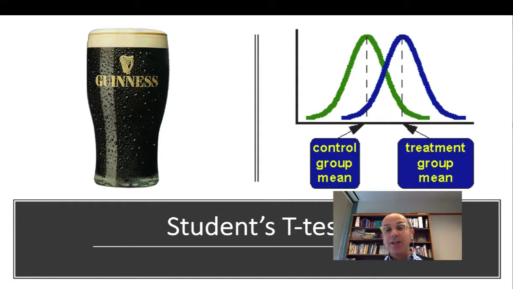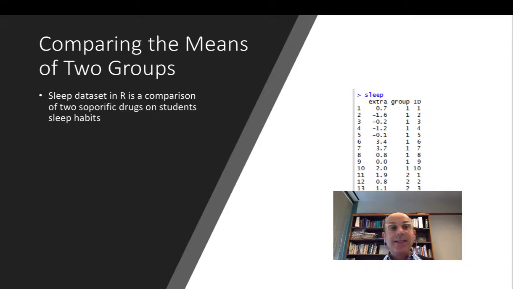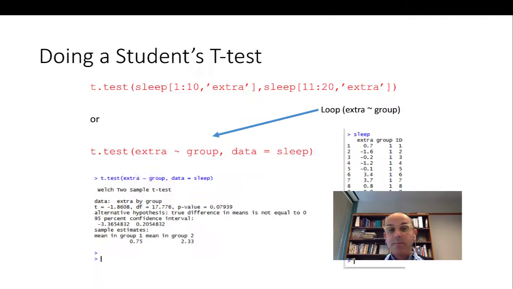Another example: the student t-test. I don't know about you, but when I was taught statistics, usually the professor showed an example of Guinness, the control group mean and a treatment group mean. So in this case, we are comparing the mean of two groups. We have the sleep data and we have two sets of groups.